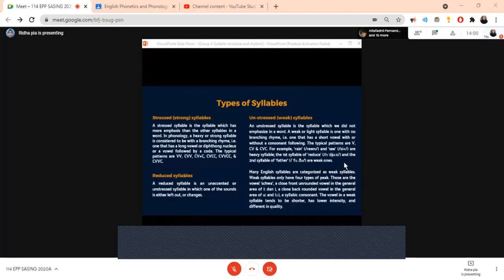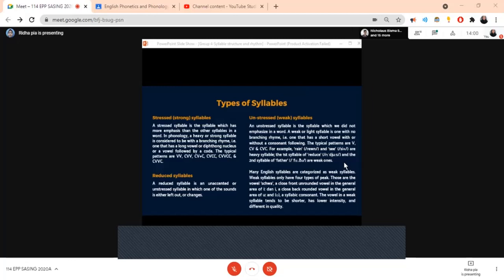The word schwa, a close front. I found this in the book, but I don't understand the further explanation, so I didn't add the information here. And then the last type of syllable is the reduced syllable. A reduced syllable is an unaccented or unstressed syllable in which one of the sounds is either left out or changed.